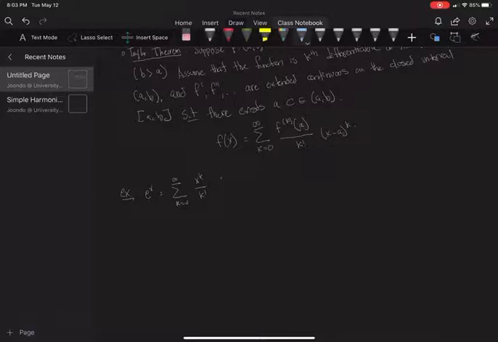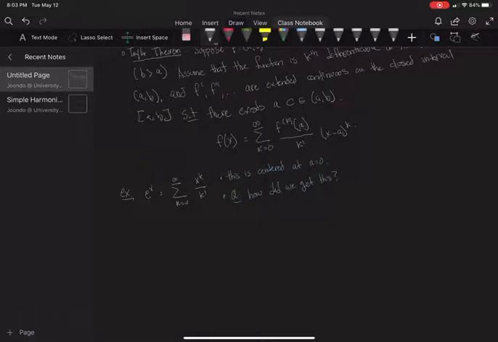The first is that this is centered at a equals 0. The second question is, how did we get this? Is this even true? Those are valid questions.